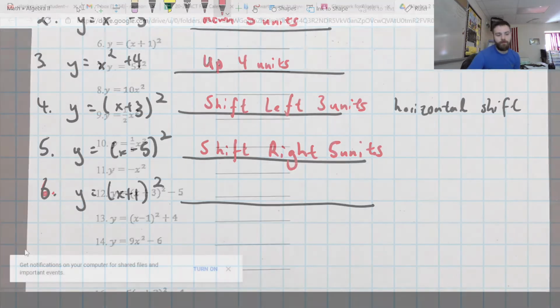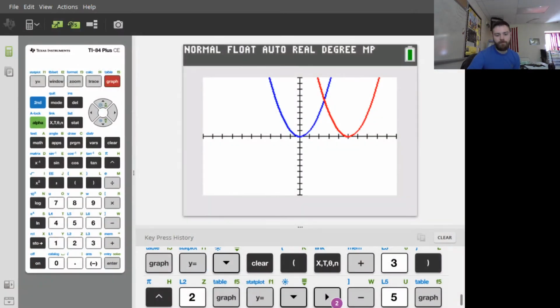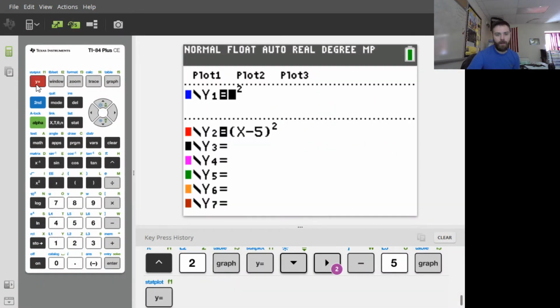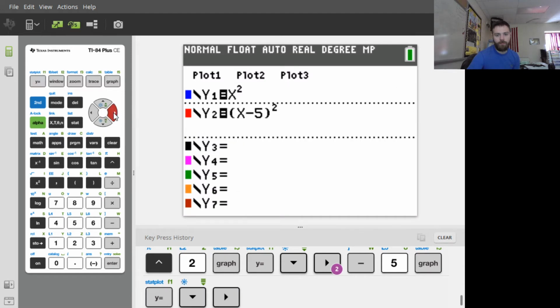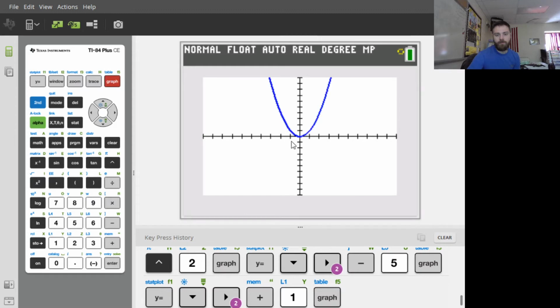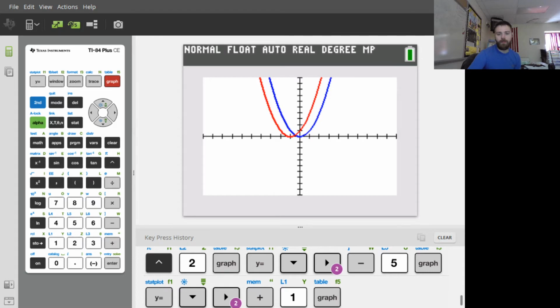Over here to our graphing calculator, type it in. It shifts left 1 unit.